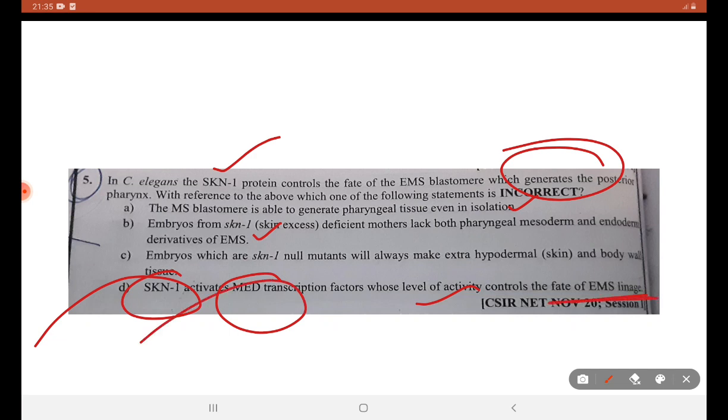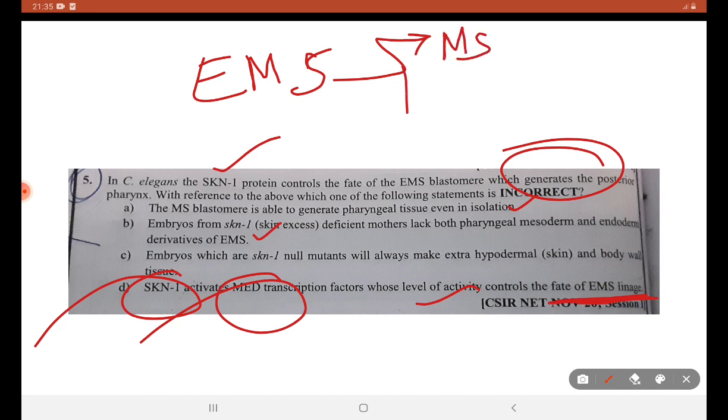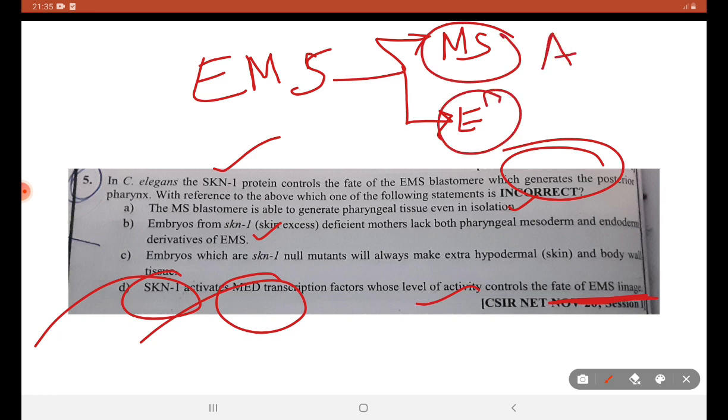They help in controlling EMS, where EMS is divided into MS and E. This MS is autonomously specified, but E is conditionally specified. Okay.